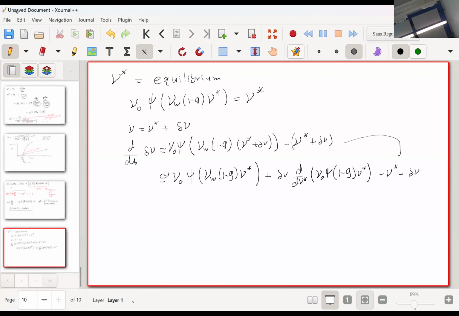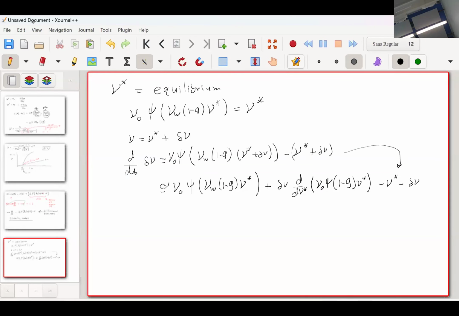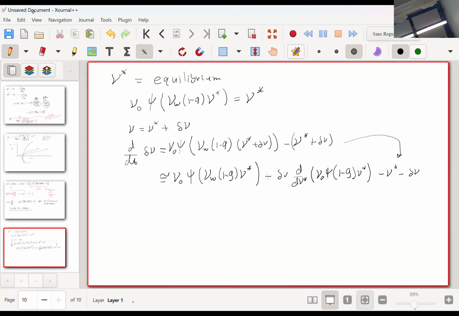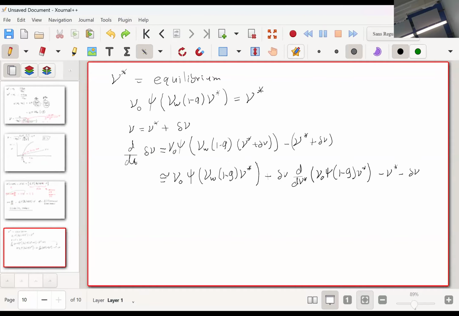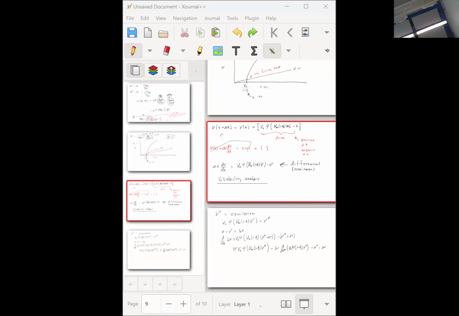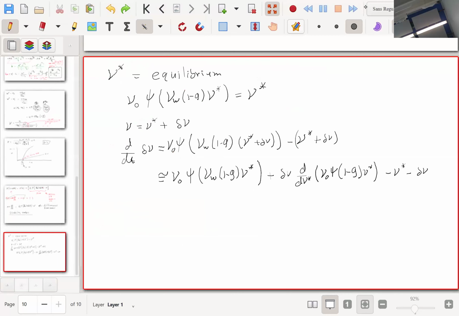And these last two terms come from that term. Okay, so now we have cancellation. This term here, because it's in equilibrium, cancels with the nu star.